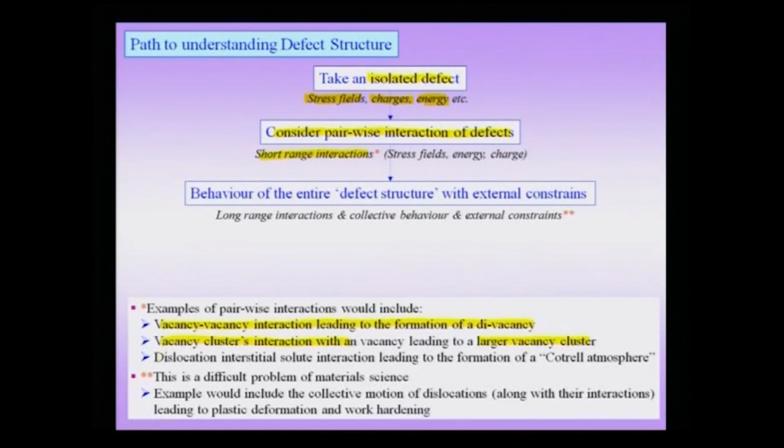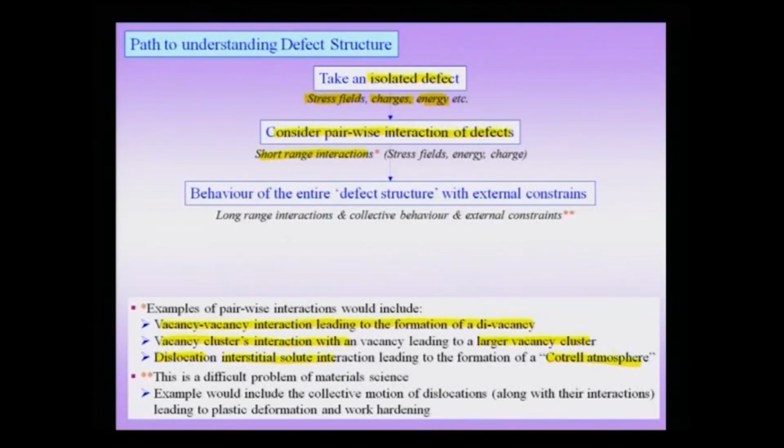It could be the interaction between a dislocation and an interstitial solute, which finally leads to the segregation of these solutes along the core of the dislocation, typically the edge dislocation, which is called the Cottrell atmosphere.